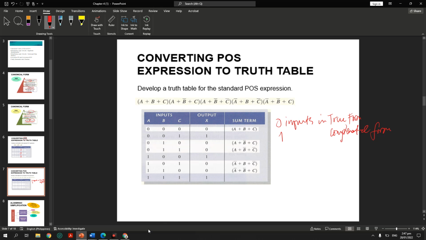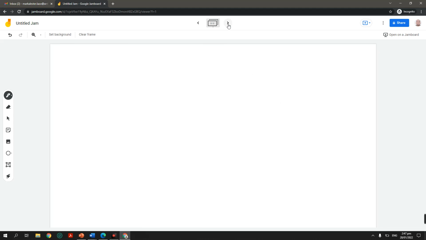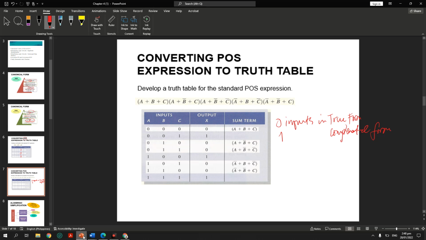So let's reconstruct the truth table. If you will be the one to draw the truth table for the given expression, the product of sums, here we are considering the output with 0 as indicated in our example.